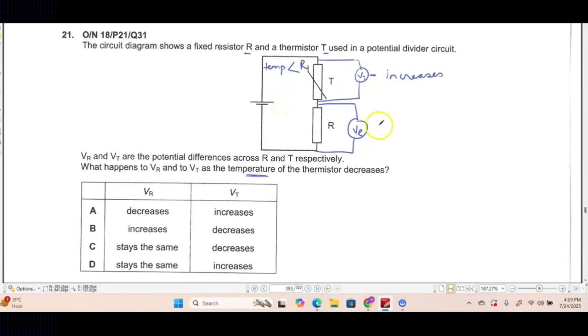Okay. So resistance over here is going to decrease. Okay. So the value over here is going to decrease as well for the PD. Okay. So we are looking for the option which states that VT will increase and VR will decrease. So option 1 is the only option that states that. So the answer for 21 is A.